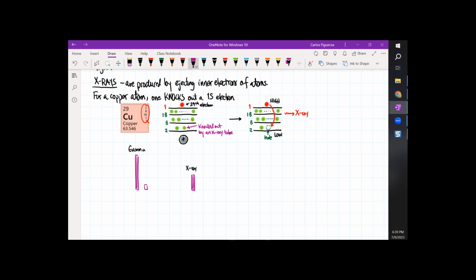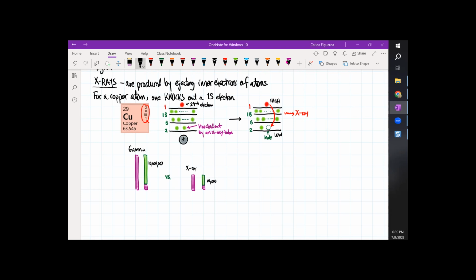As they jump, they're going from high to low energy. And so when you look at how much energy is released, you can see that there's a big difference. When I compare these two, the energy of this one is going to be about 10 million electron volts, and this one right here is going to be around 10,000 electron volts.